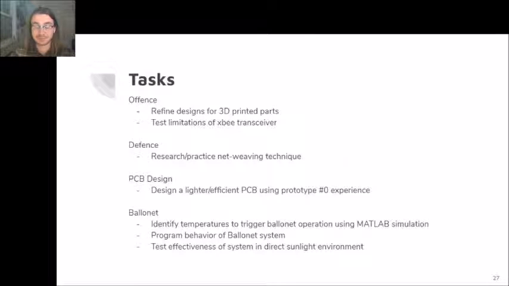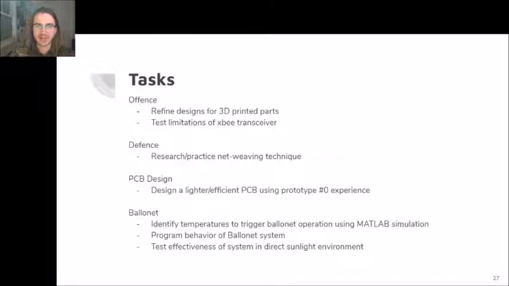Next up for PCB design, we have our prototype together. Jose did a great job putting it together, and using those lessons, he hopes to make our own custom PCB with some help from Joseph and his expertise. And finally, the balinet system.